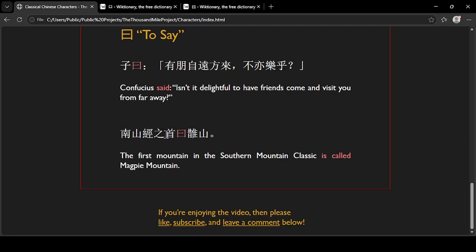This particular character means head, first, peak is another meaning it can have. But anyway, so the first of the Southern Mountain Classic, the first mountain, and then the say character is used here to mean is called, and then the name of the mountain is, this means magpie, this is the character for mountain. So the Southern Mountain Classic's beginning, or the first of the Southern Mountain Classic, is called Magpie Mountain.